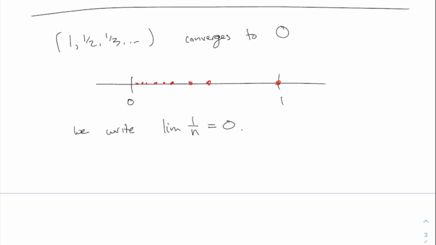Because when I'm talking about a sequence, there's only one thing that goes anywhere, and it always goes to infinity. So you can imagine this lim is like lim as n goes to infinity. But if we're talking about sequences, it's always going to be called n, and it's always going to go to infinity, because a sequence doesn't go anywhere else.